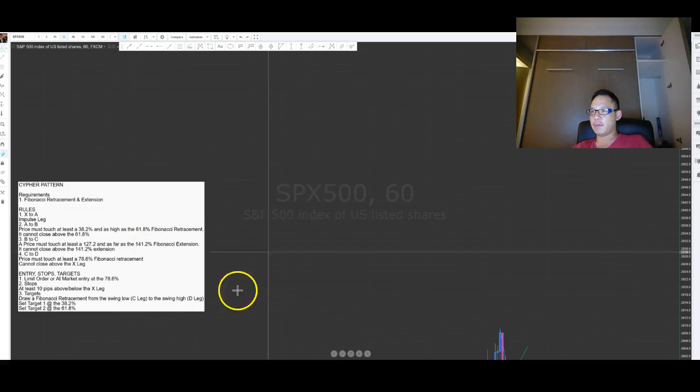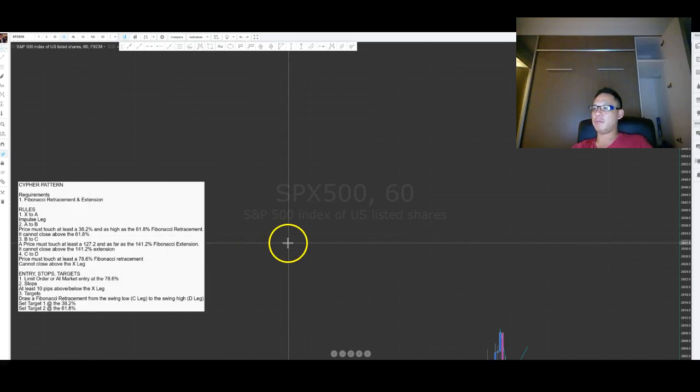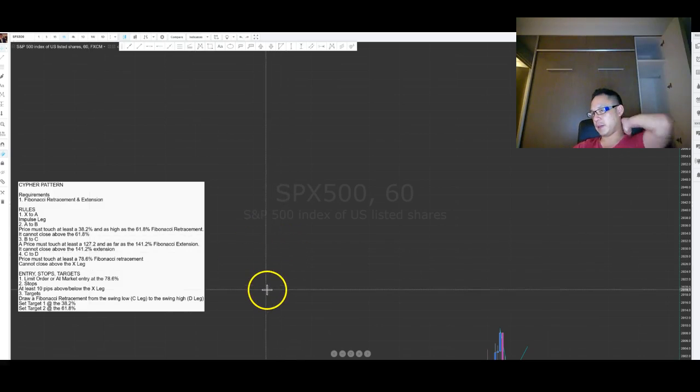You'll start to develop your own set of rules around this, right? Now, this is not going to work for everyone, but I've tweaked my trade plan and my rules around the Cypher to cater to my personal or financial needs, basically, or whatever.